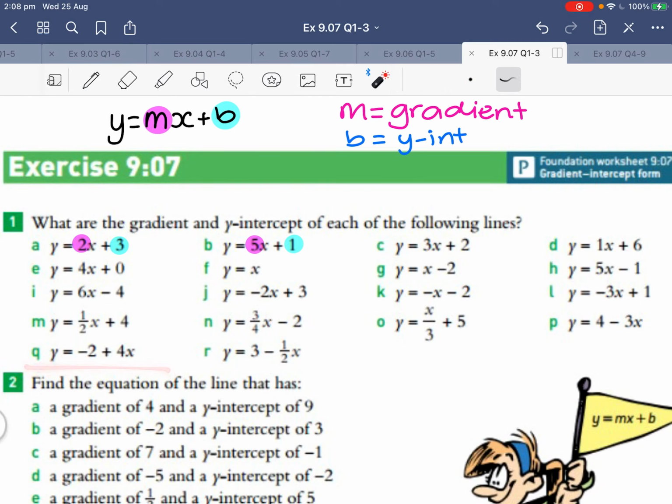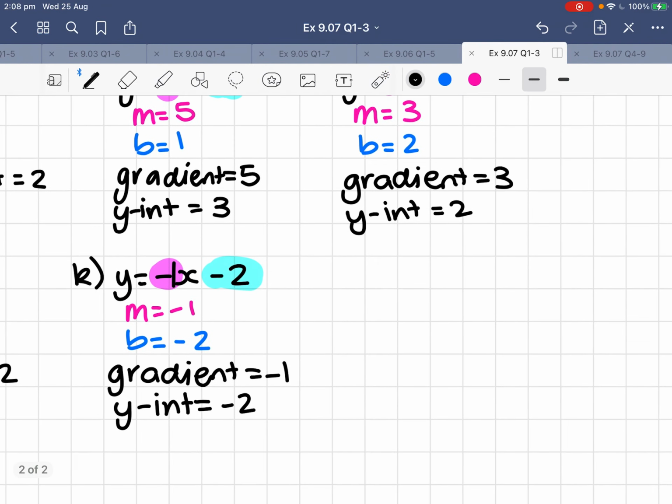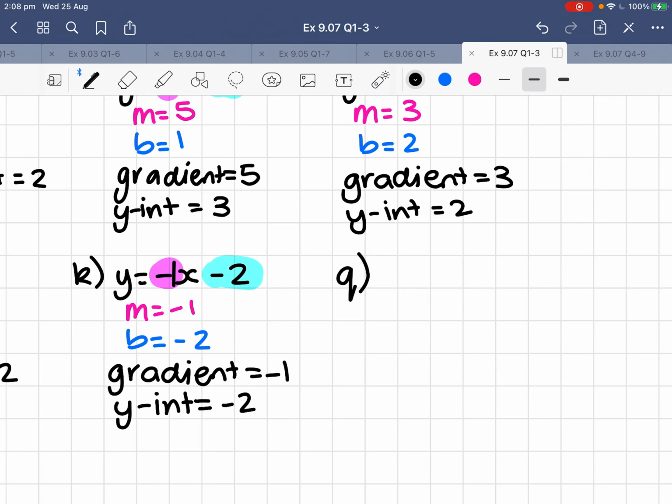If I quickly go down to q, our y-intercept and our gradient have sort of swapped spots. For q, we have y equals minus 2 plus 4x. So m equals our coefficient of x, which is this plus 4.